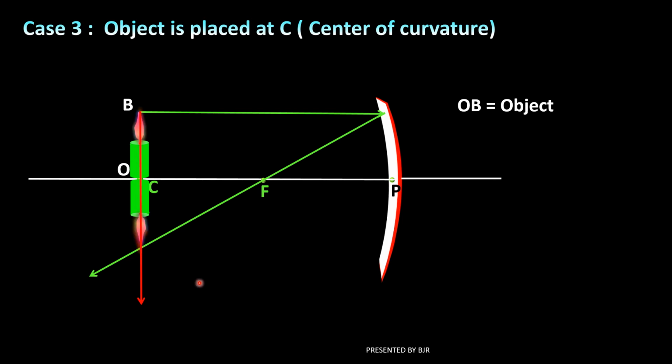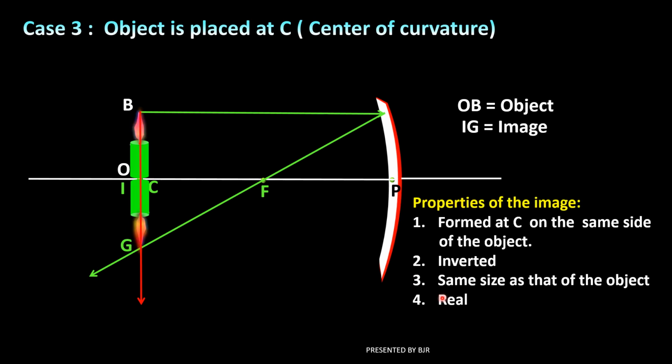Now observe very carefully the properties of the image. You see here, the size of the object is equal to the size of the image. And is it inverted or erect? The image is the inverted image. So let us write the properties. LOST, location first. IG is the image.